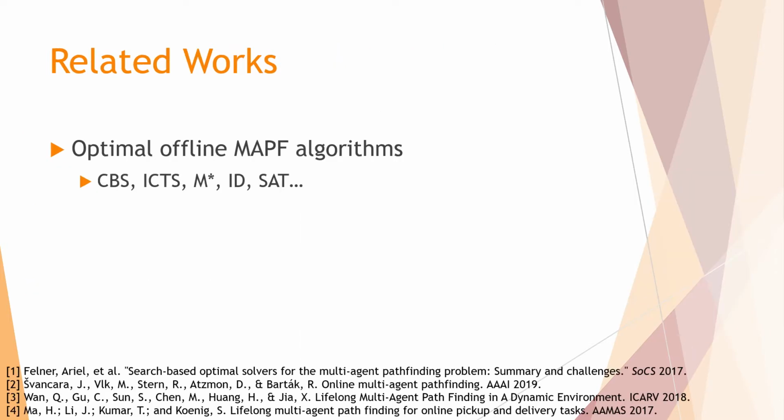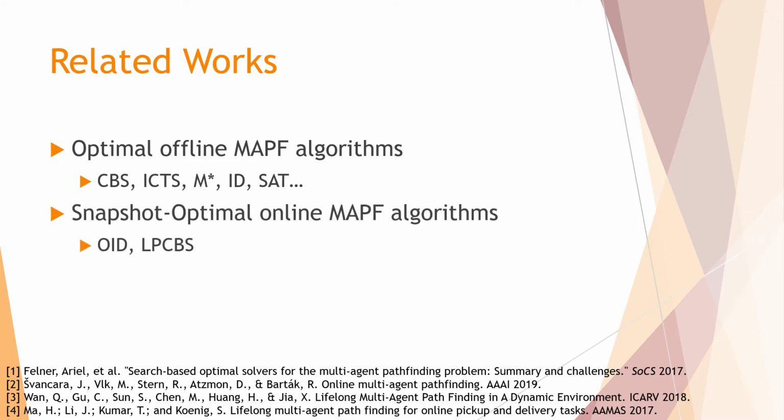Most previous work dealt with offline MAPF, so many efficient algorithms exist for solving that problem. Some recent research focused on online MAPF, showing snapshot optimal or suboptimal solvers for this problem, but never comparing the quality of their solutions against offline optimality.